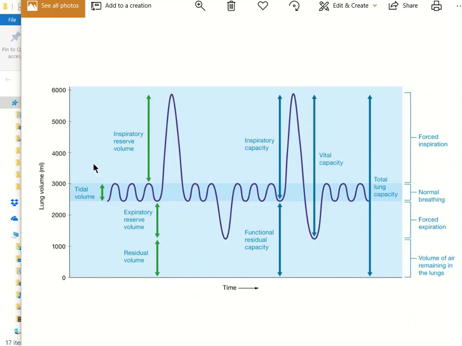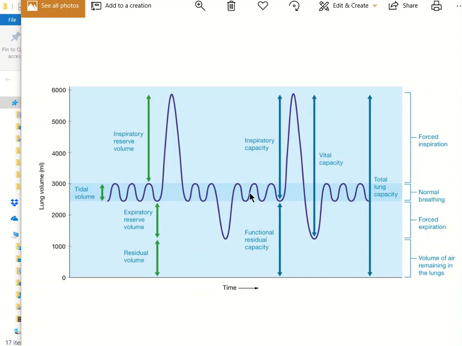You need to know that lung volume is on this axis here. And when we're talking about quiet breathing, the changes in that is going to involve our tidal volume here. So like a tidal wave, you're going to see these little waves here.